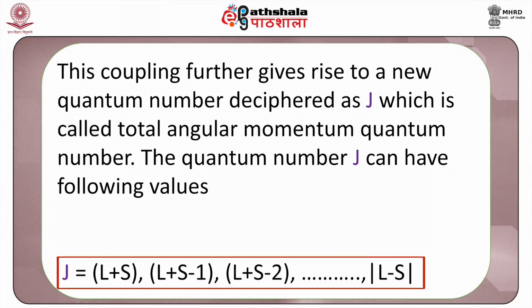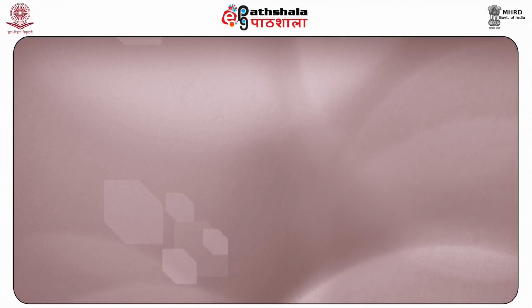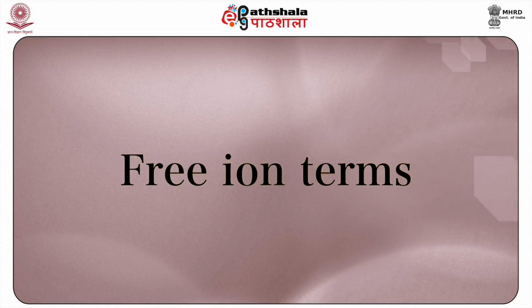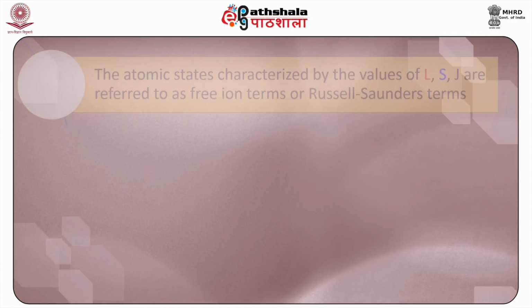The quantum number J can have the following values: J = L + S up to L - S. Next, we will discuss free ion terms.